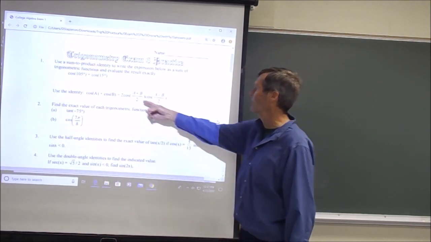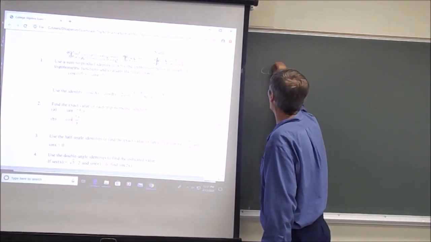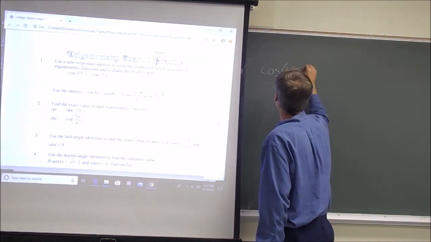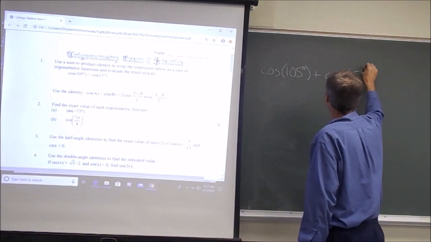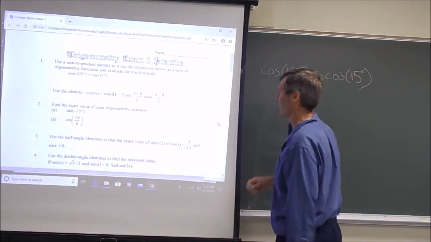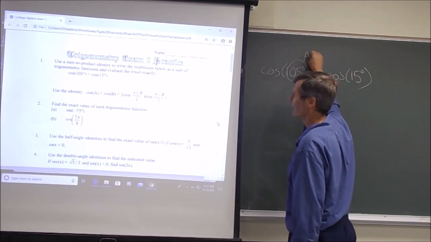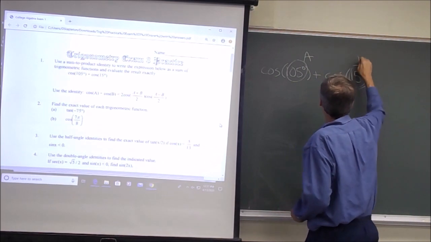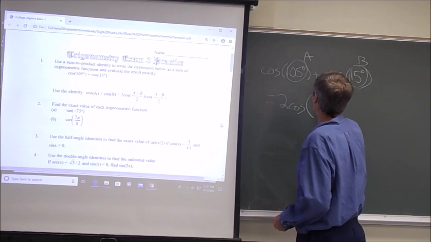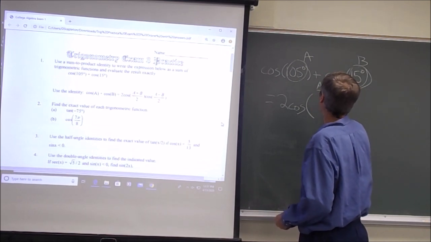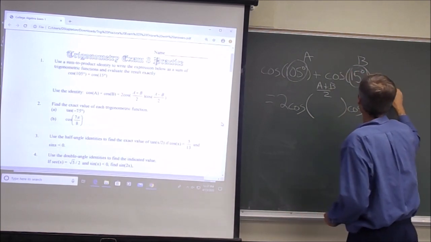So we'll say I can use this identity if I want to evaluate cosine of 105 degrees plus cosine 15 degrees, and you're given the formula with the problem. I'll give you that if I give you this kind of problem. It says that cosine A plus cosine B is equal to twice the cosine of A plus B over 2 times the cosine of A minus B over 2.